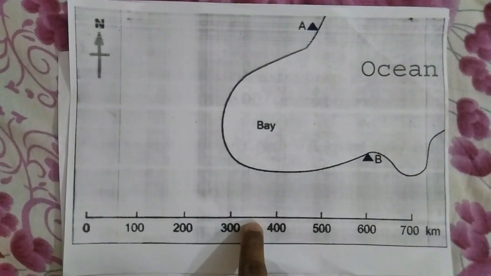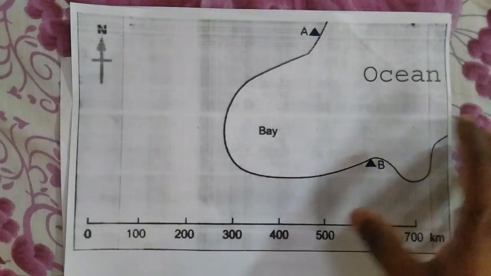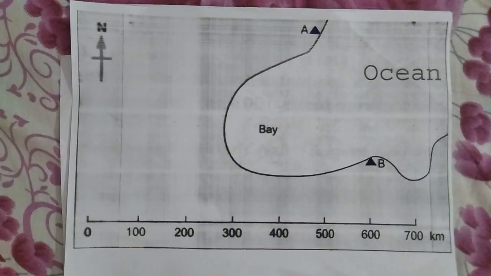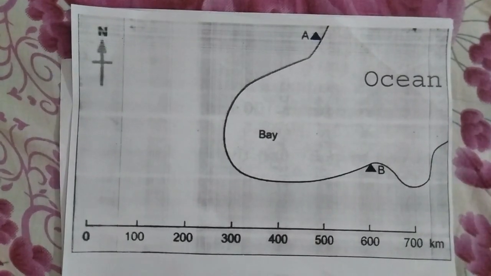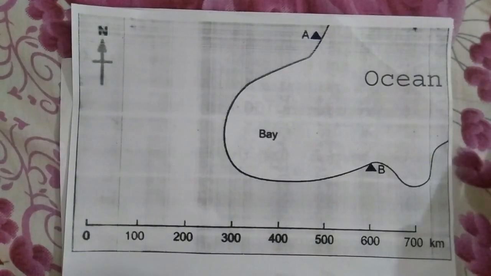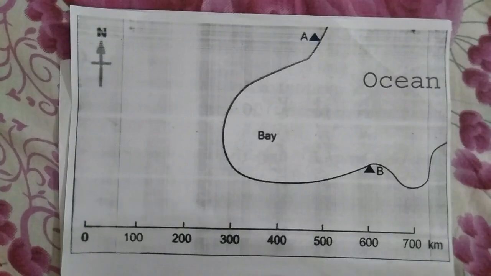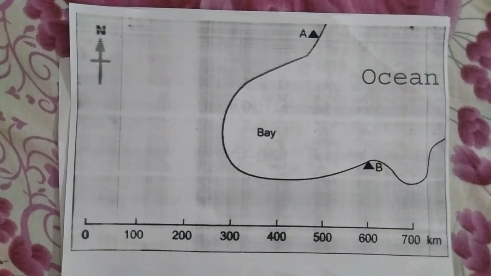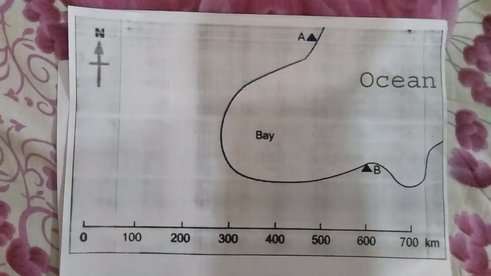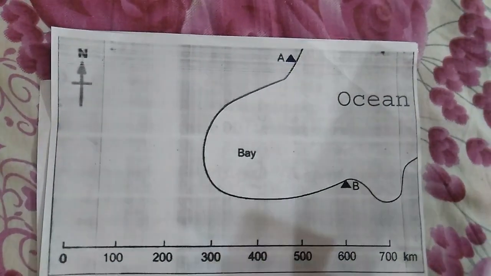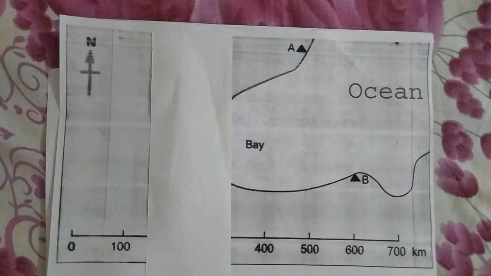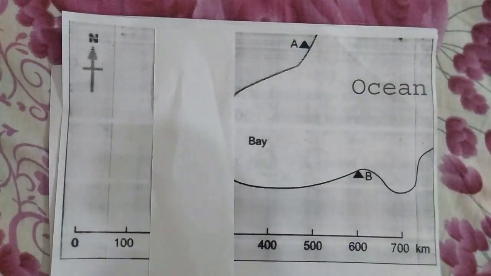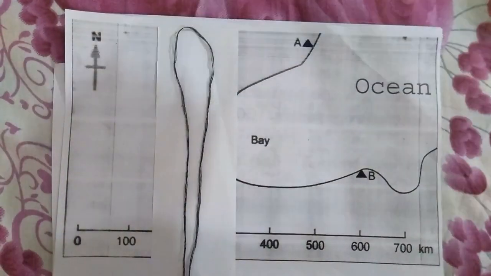The picture you might find in your textbook, I copied into an A4 sheet and enlarged it. Here I am using two methods: one with the help of a paper strip, and second with the help of a thread.